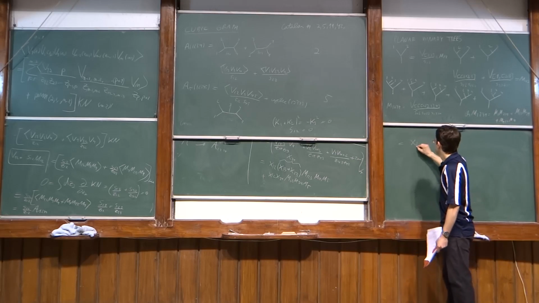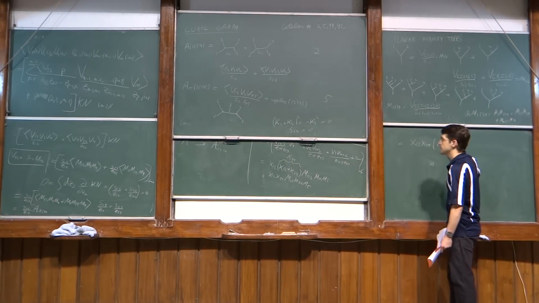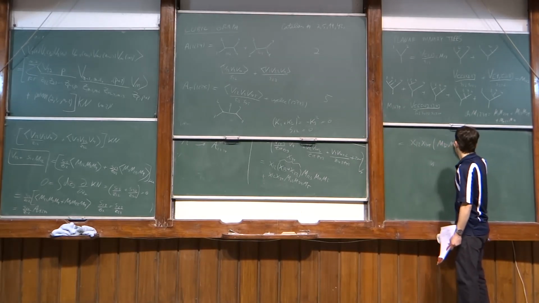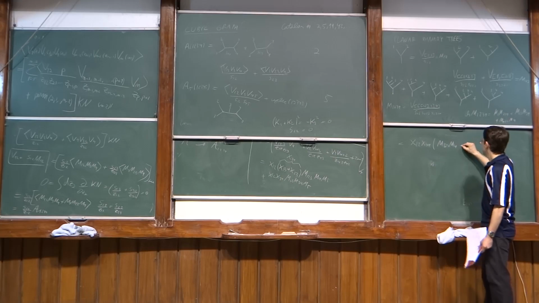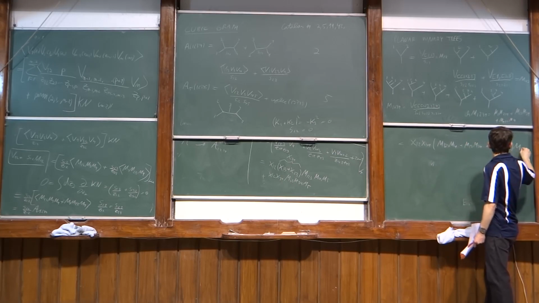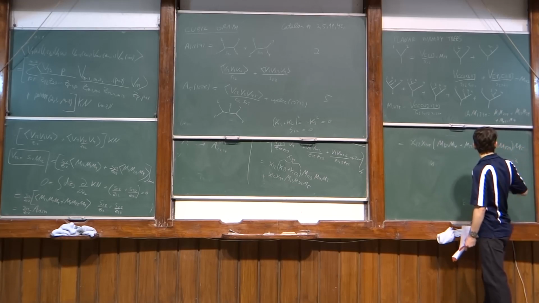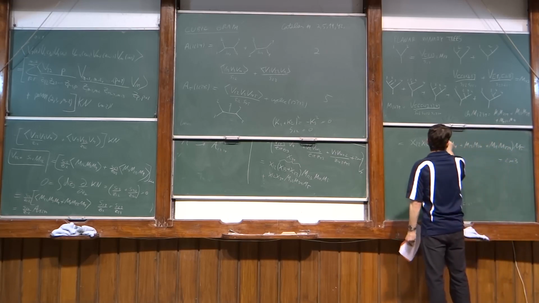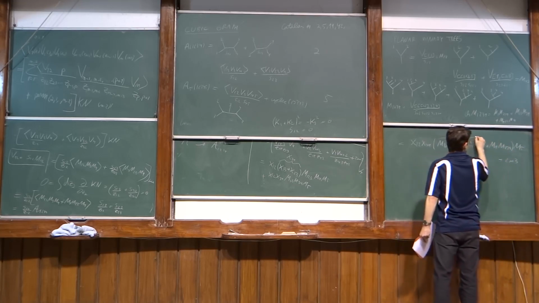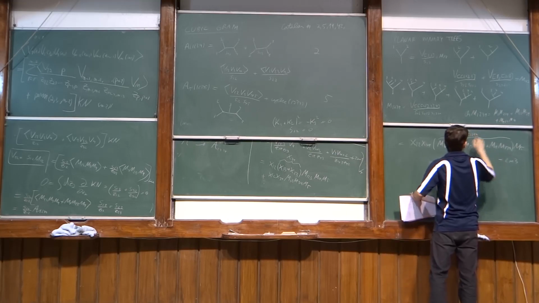So you get x, then m1, 2, 3, m4 plus m1, 2, and 3, 4 plus m1, and 2, 3, 4, and 5 plus 2, 3. And then this guy you identify as E1, 2, 3, 4.